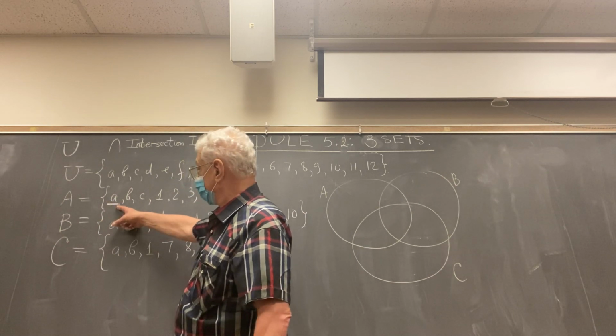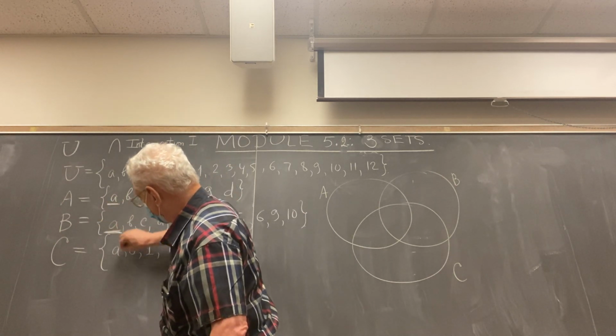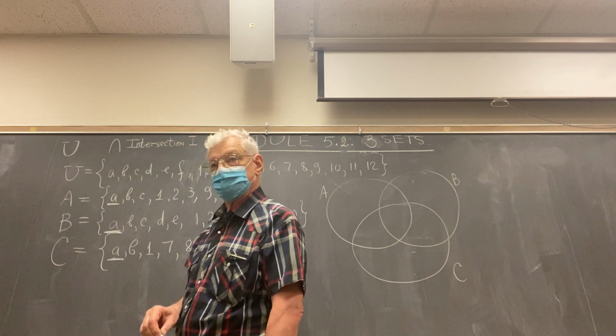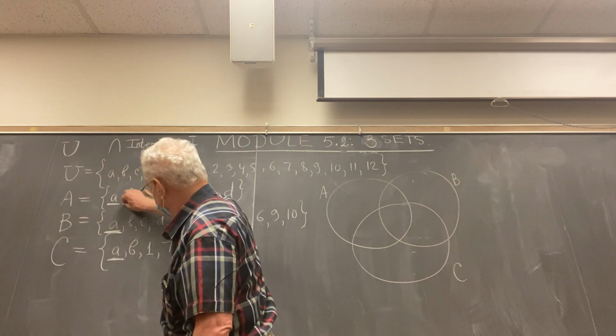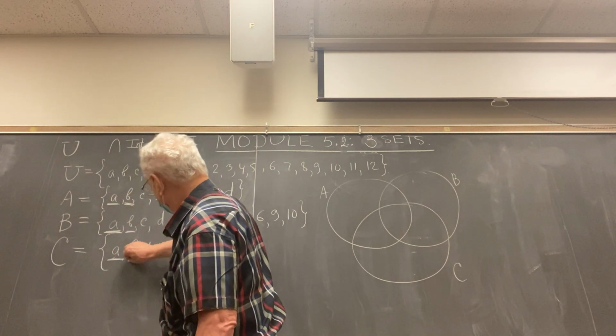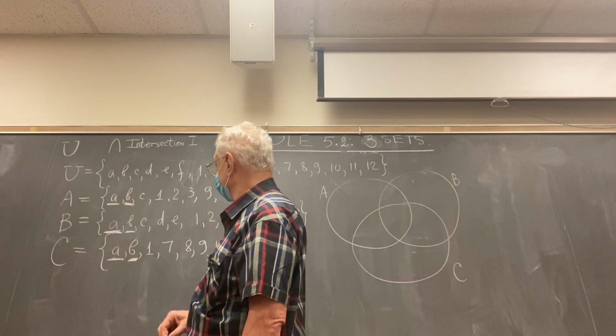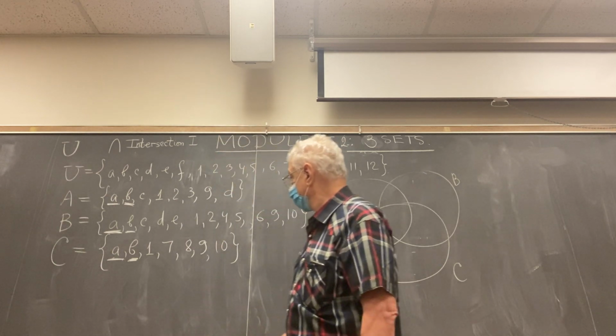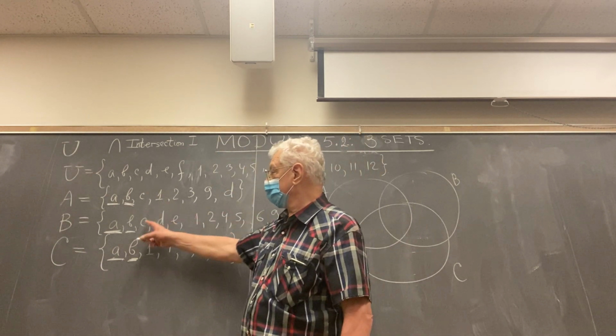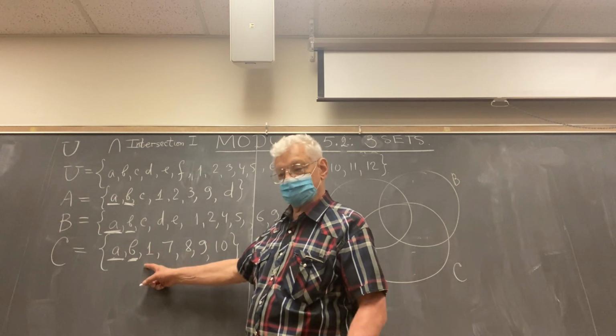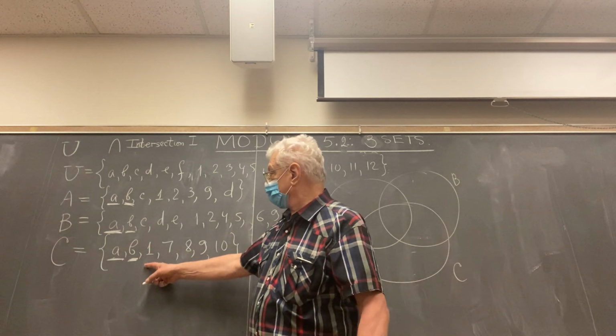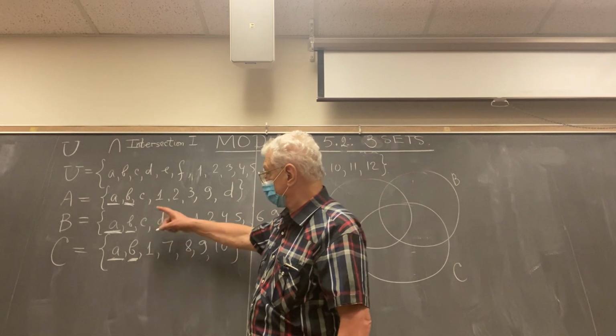A is in A, also in B, and also in C. So we underline them. Next B also is here. How about C? C is in A and B, but not in there, so it's not a common element. Got it?